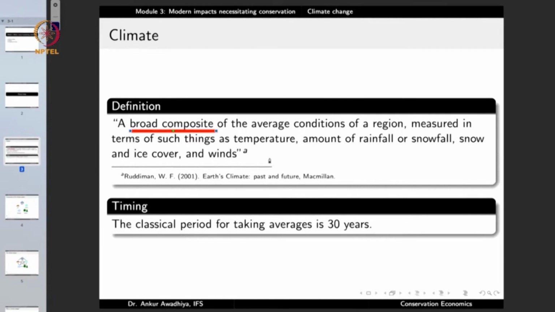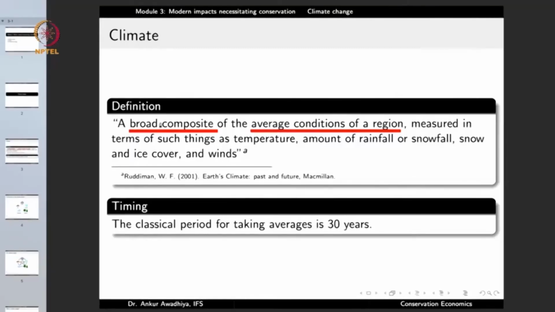We are looking at it as a broad composite of the average conditions of a region, which means that climate is different from weather. Weather changes every day, weather changes in a few hours. But climate, because it is a broad composite, it is an average that is taken over several years. So, climate is more or less a constant quantity.